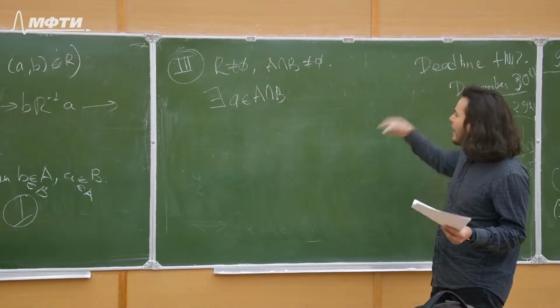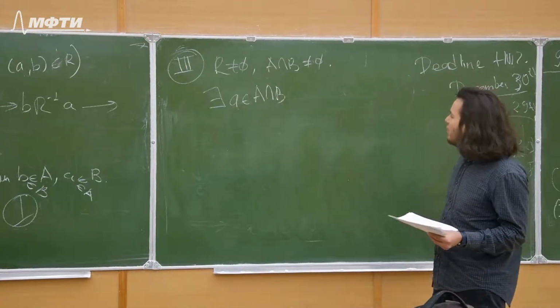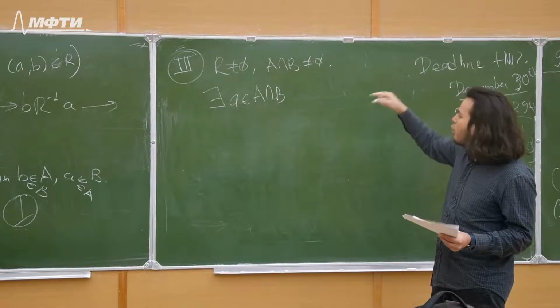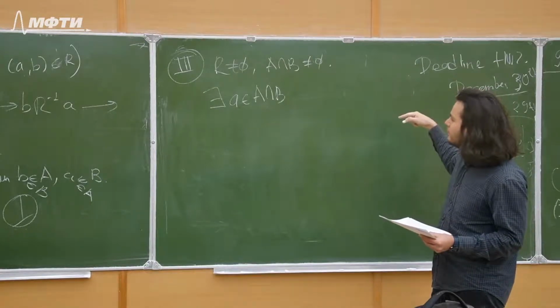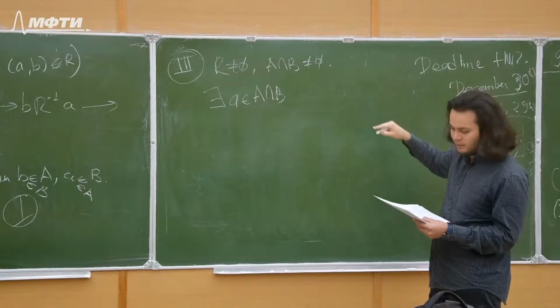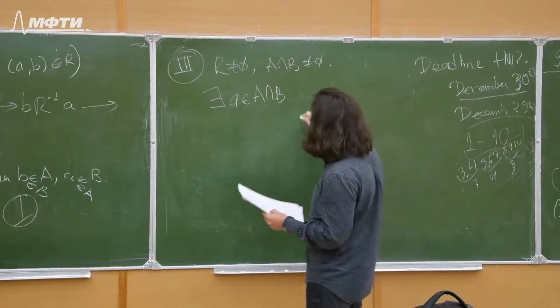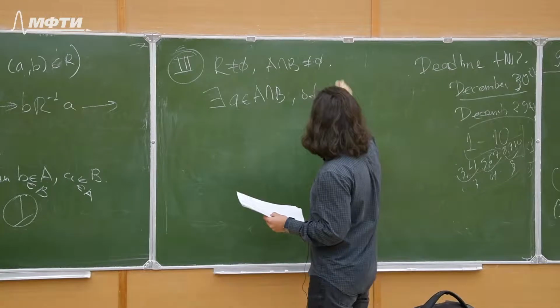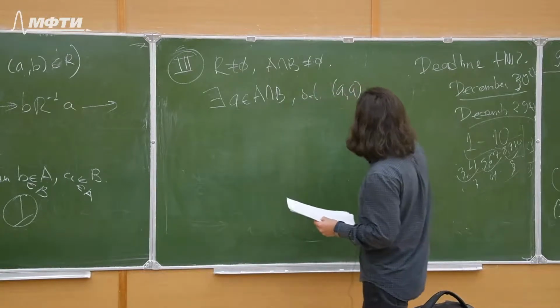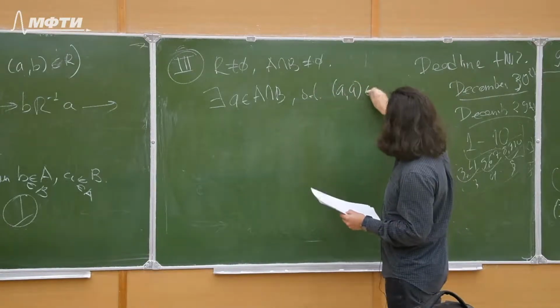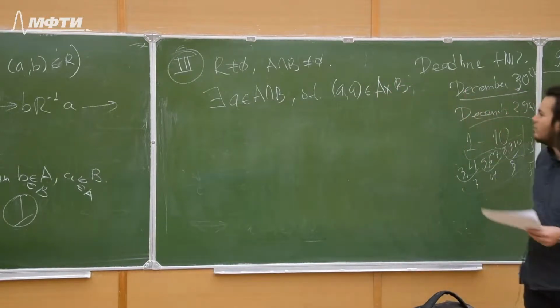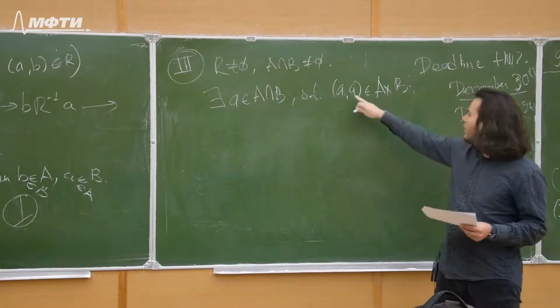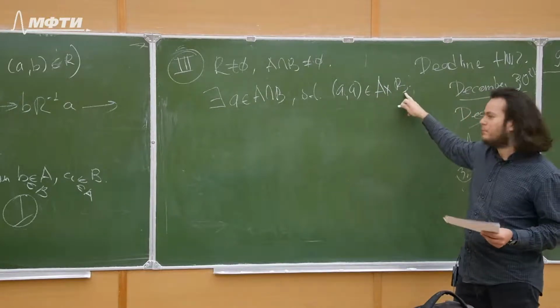Let me write that (a, a) is an element of the Cartesian product A×B, because a belongs to A and a belongs to B.